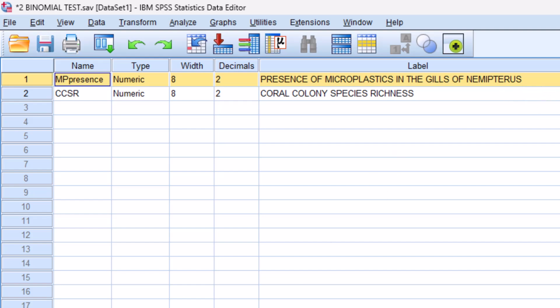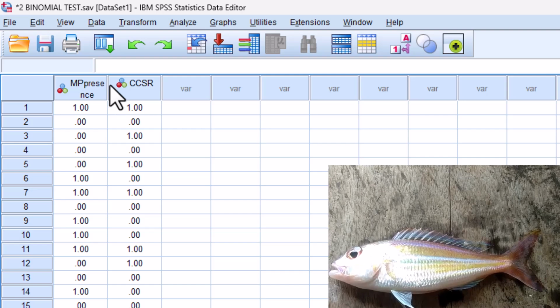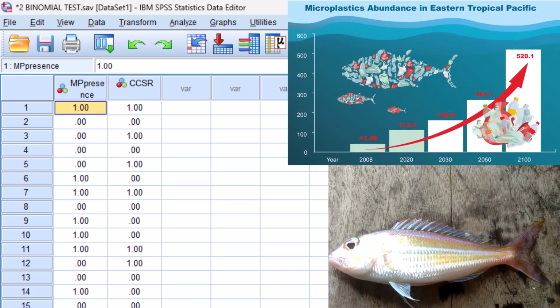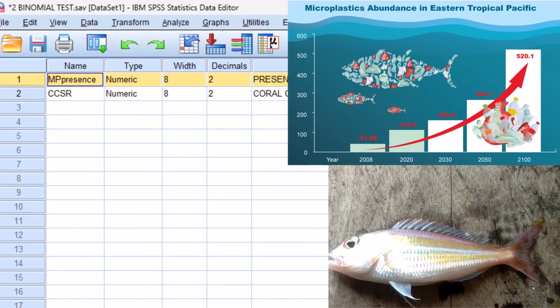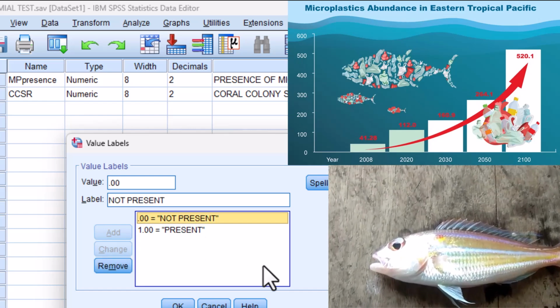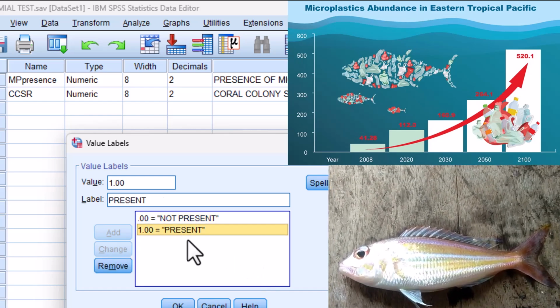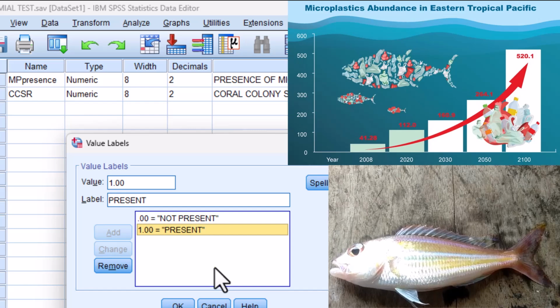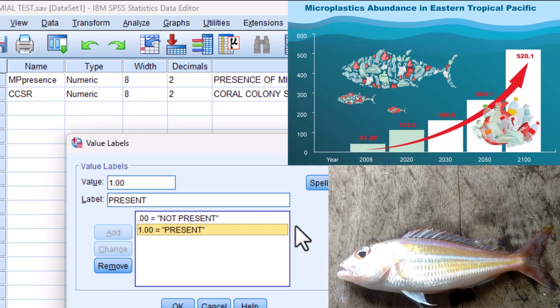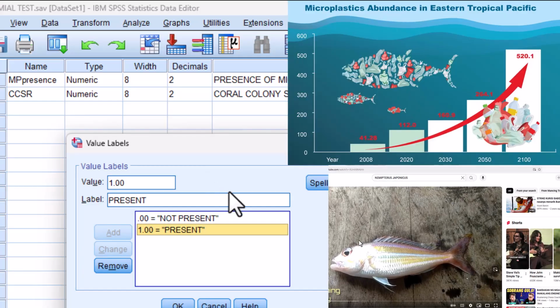So, this is locally known as lagaw or bisugo in Tagalog. Then, you detected microplastics in some of them. Okay, you want to find out if your observations are consistent with, shall we say, findings from a local journal stating that almost 70% daw ng population ng mga isda have microplastics in their gills.